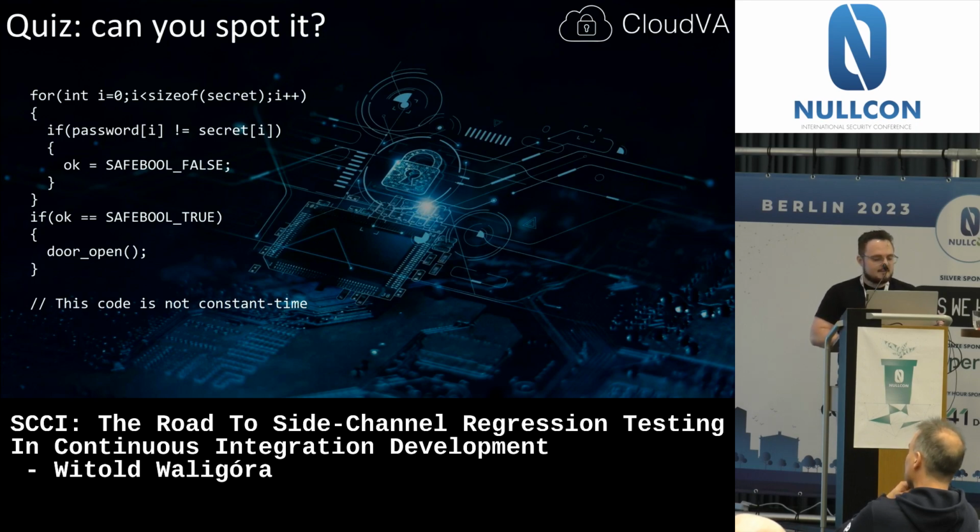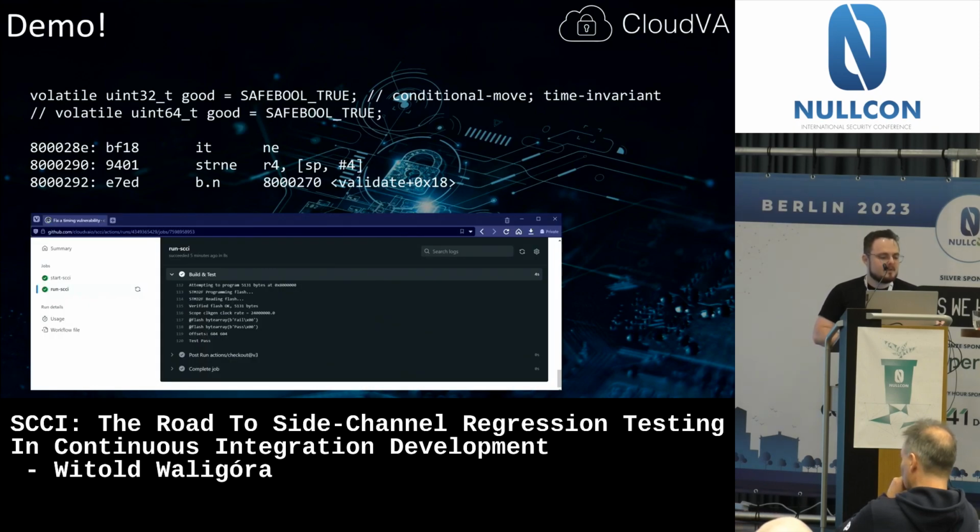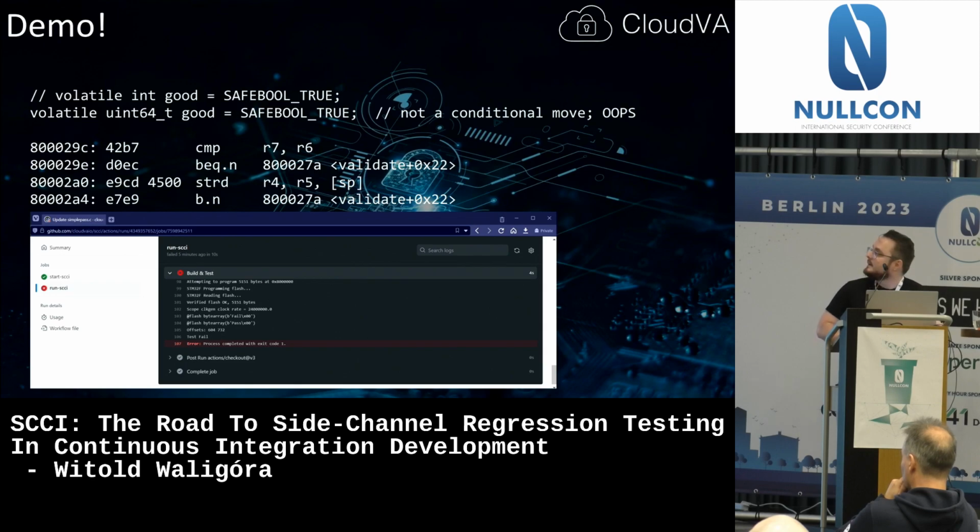It's a single line of code change in a big project somewhere deep in the header. You'll never see that. It never shows up in review. So here's why specifically: if it's 32-bit, then there's this conditional move, and if it's 64-bit, then there's a branch in there, and it's not constant.